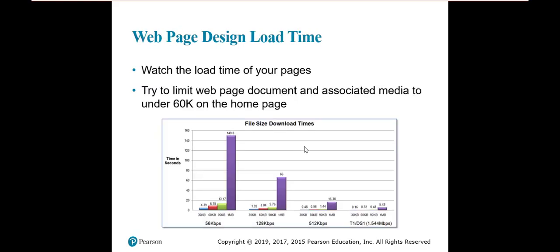Here is web page design load time. If you want to check web page load time, you can open any web page, right click and inspect the window, and you can see how much time it is taking to load your web page. Here's the example I'm going to show you.